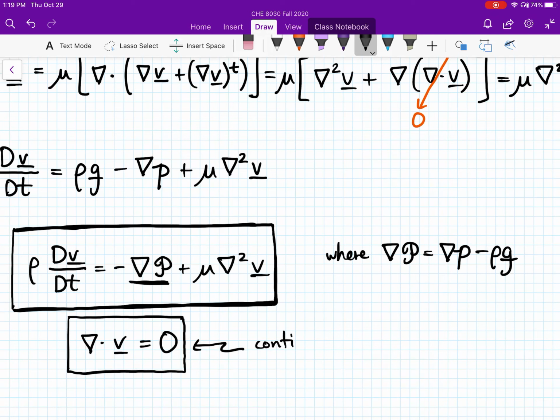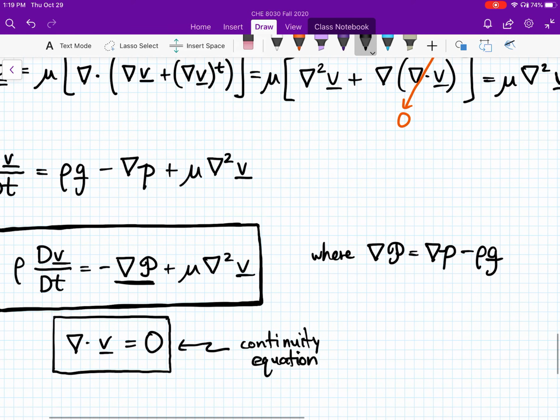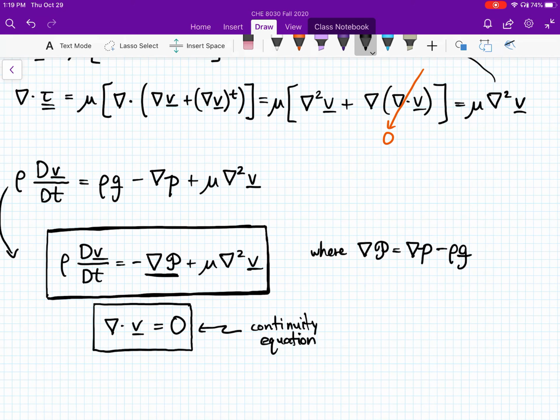So, continuity equation. And those two boxed-in equations right there are the starting point to many fluid problems that you will encounter and many fluid problems that we will solve in this course.